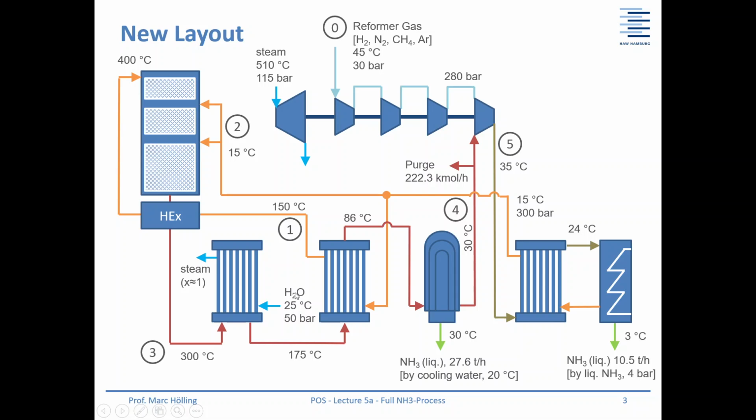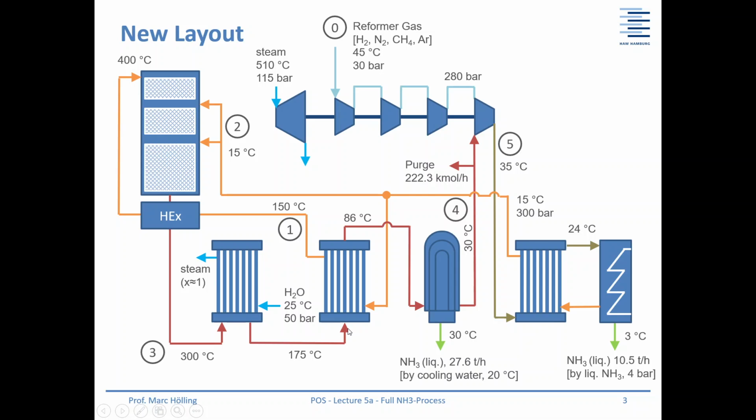So we start with liquid water, 25 degrees Celsius, 50 bar, and we want to produce saturated steam, so a vapor fraction of approximately 1. You know the outlet temperature, 175 degrees Celsius. This means that you can calculate your mass flow of water or of steam that is produced here.